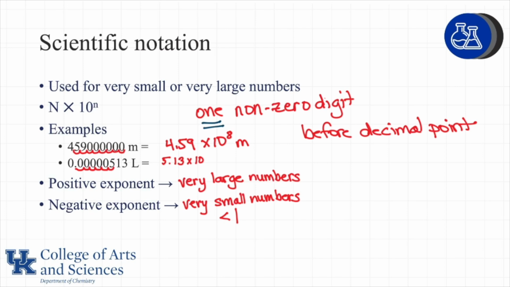Remember, we want one non-zero digit in front of the decimal place, and our exponent is negative 6 because it's a number less than 1. So 5.13 times 10 to the negative 6 liters. So you can see the value in writing in scientific notation because you're not having to use all of those zeros, and you're less likely to make a mistake in your values.